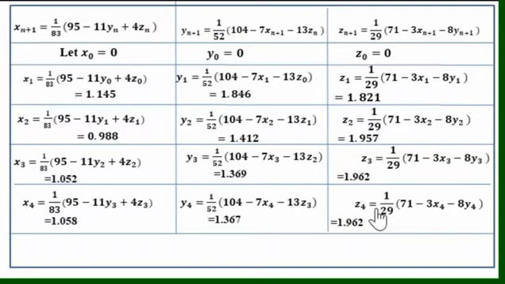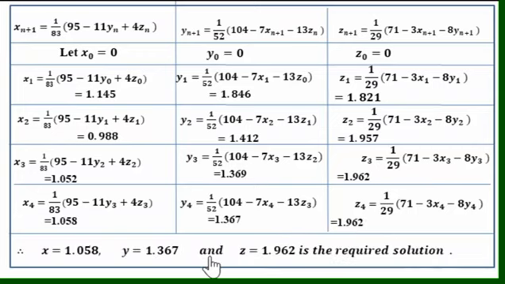And finally z4 is 1/29 (71 - 3 × 1.058 - 8 × 1.367), which is 1.962. So after the fourth iteration, the solution is x = 1.058, y = 1.367 and z = 1.962. So this is the required solution.